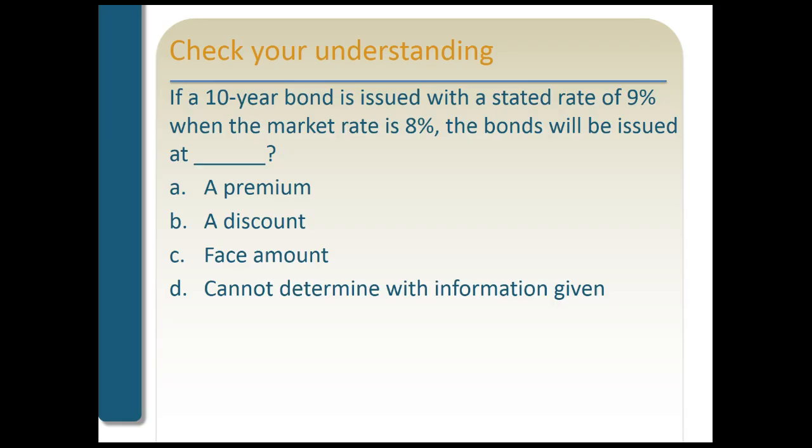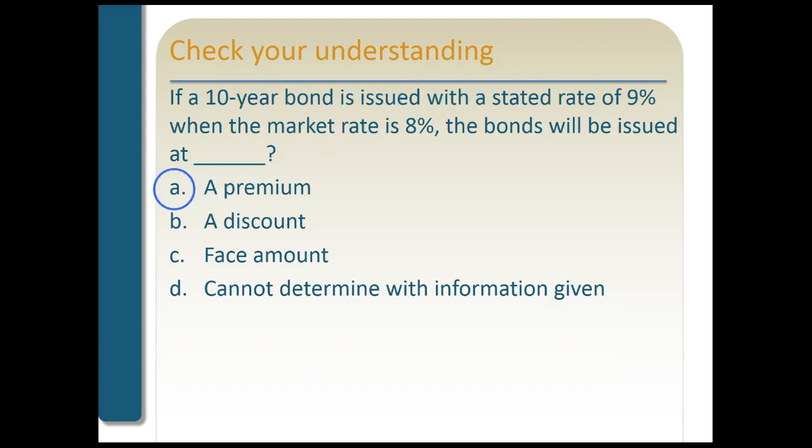Let's look at a question here. If a 10-year bond is issued with a stated rate of 9% when the market rate is 8%, the bonds will be issued at, what do you think? Premium, discount, face amount? Can't determine it. Remember, premium.